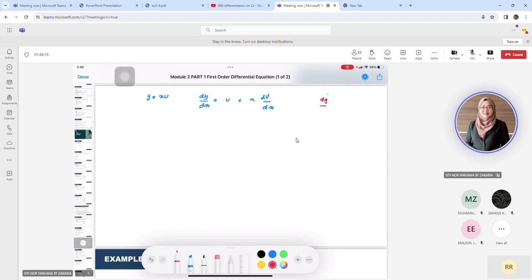dy over dx equals to xy over x power of 2 plus y power of 2. This is our original. So we need to replace y and dy dx as this one and this one. So replace dy dx as v plus x dv over dx.